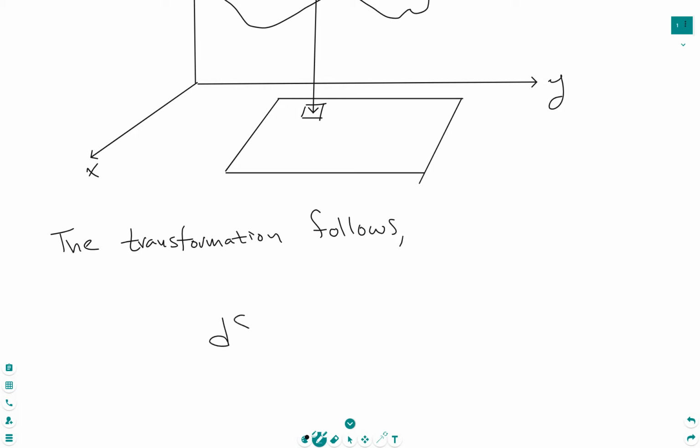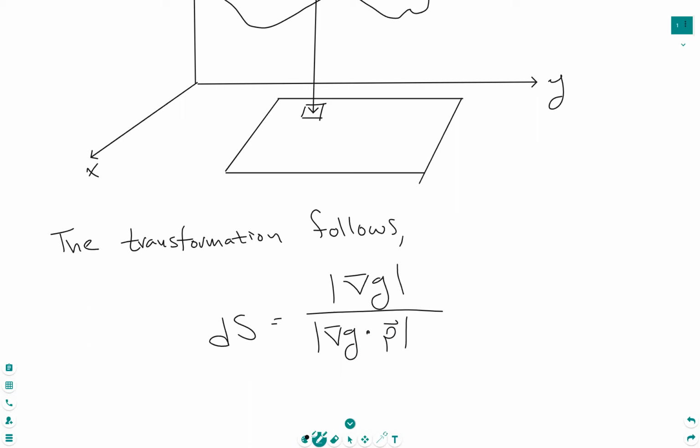The transformation that we're going to be using is that we'll have some d capital S. So instead of just d lowercase s for arc length, typically d capital S denotes some small surface area component. So some small surface area will be the magnitude of the gradient of g, and then the gradient of g dotted with this p vector.